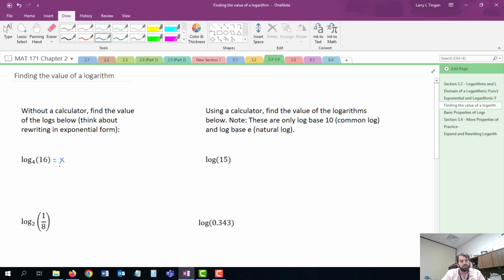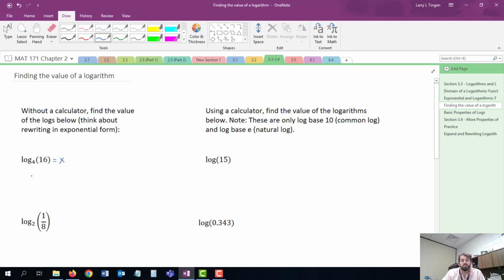Equals x, okay? The only thing I'm bothered by is when logs are sitting there and there's no equal sign, because you can't convert this to exponential form unless you have something over there on the right. So I've got log base 4 of 16 is equal to x. What does log base 4 of 16 mean? It means, what power do I raise 4 to get 16?